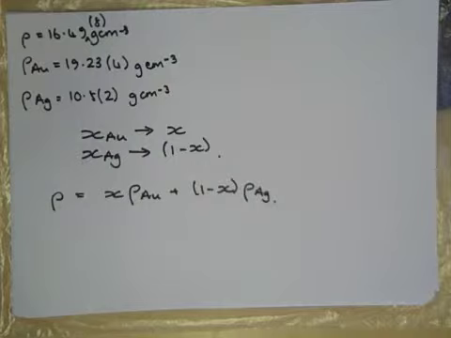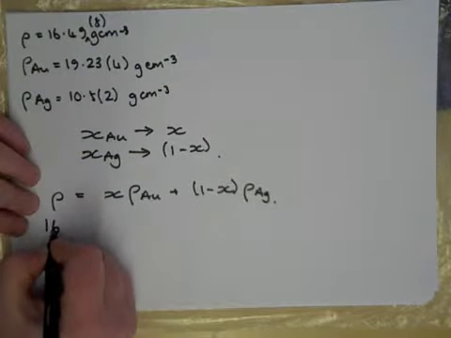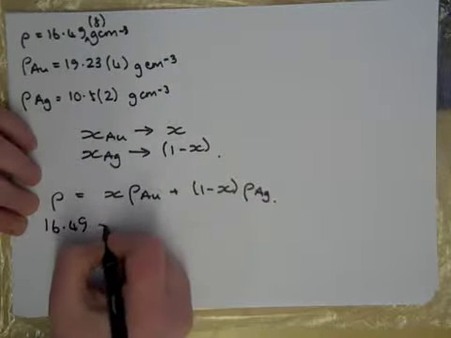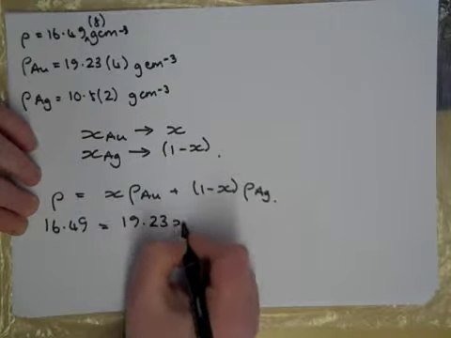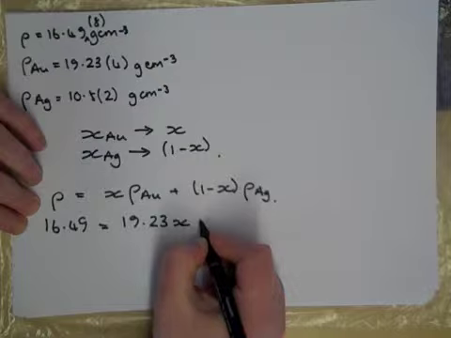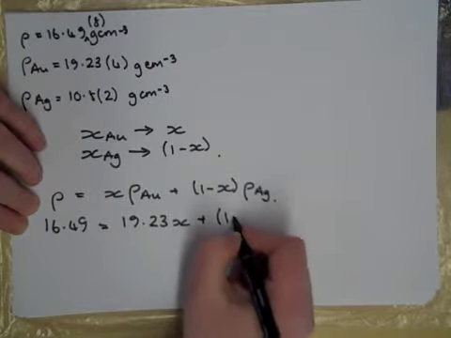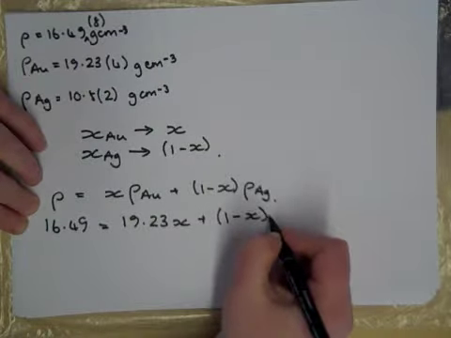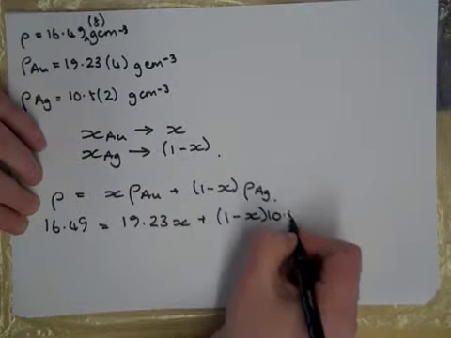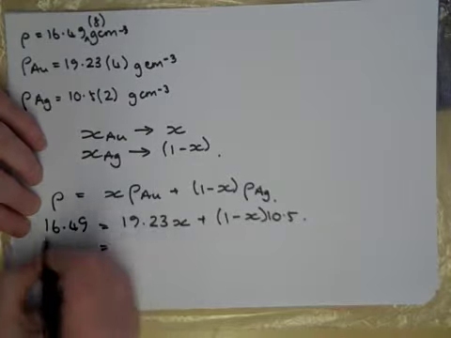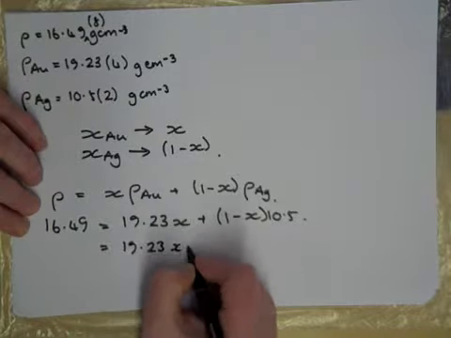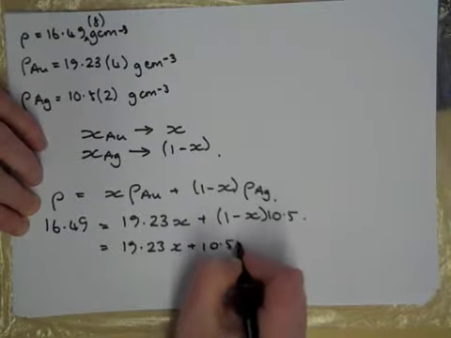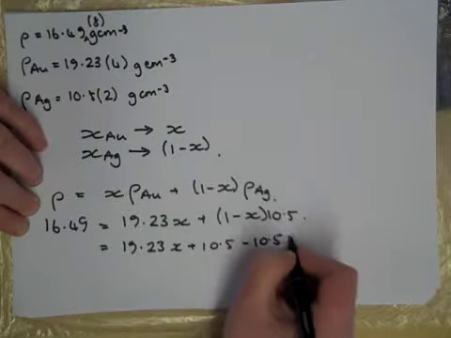Now, if I start to put some numbers into this, I see that 16.49 is equal to 19.23 X, plus 1 minus X of 10.5. So 16.49 is equal to 19.23 X plus 10.5 minus 10.5 X.